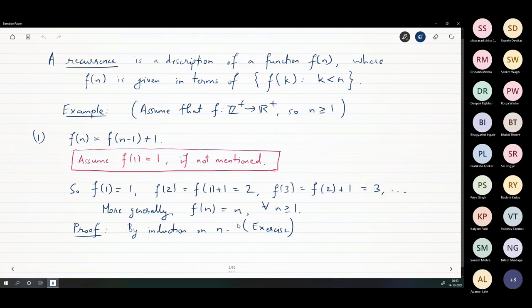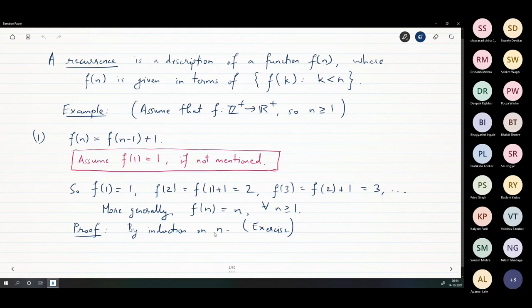So the induction argument is very, very easy. In the induction step you have to use the given recurrence relation. I'm leaving this as a simple exercise. Just write it down, you will be finished in 30 seconds or so. So finding the first few values will hopefully give you an idea of what the formula should be, and once you get that, you can prove it by induction.